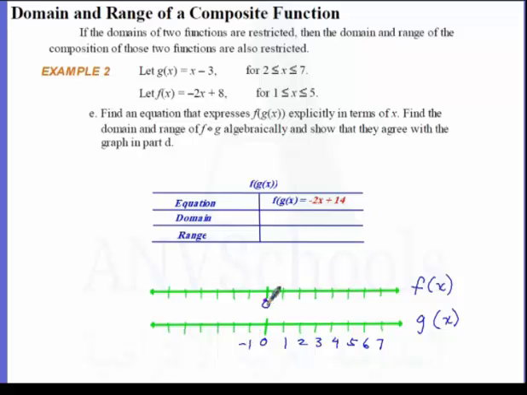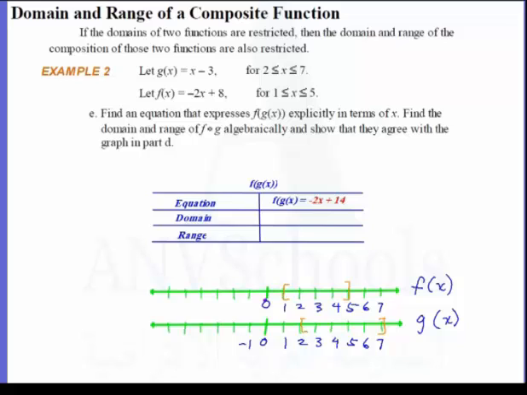Because the domain of g of x includes 2 and 7, it's here, and our domain restriction for f of x is 1 and 5.